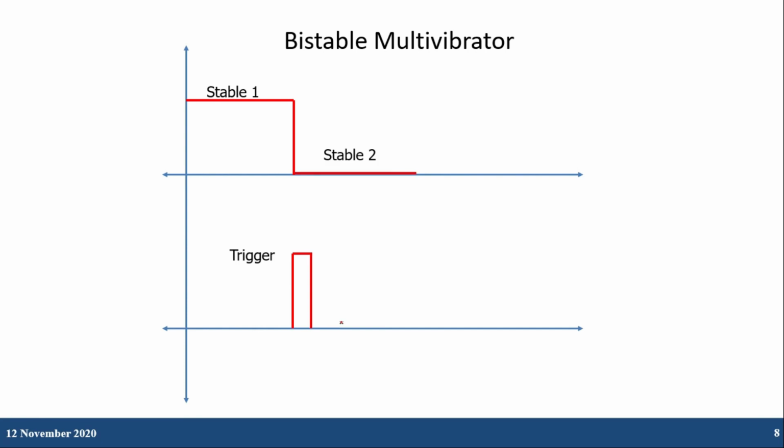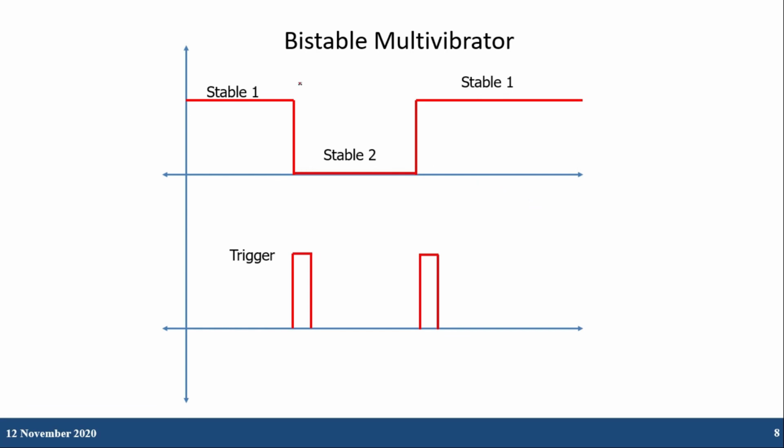And unless the triggering condition is recognized, the output remains in stable state 2. Okay. Let's say after some time another triggering action occurs, then the output will go into stable state 1 again.